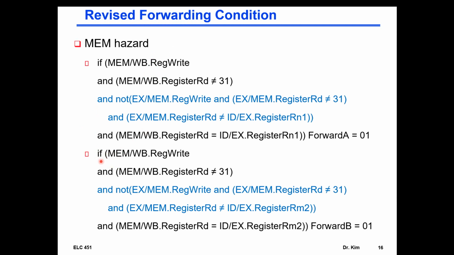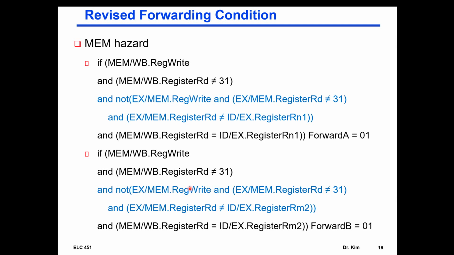And then the second revision has to do with exactly the same thing, looking at the register write signal, looking at that we have a register that is not the 0 register, and then this condition.